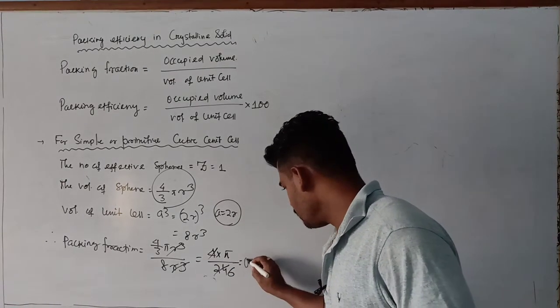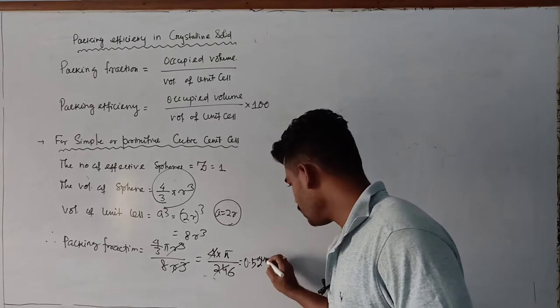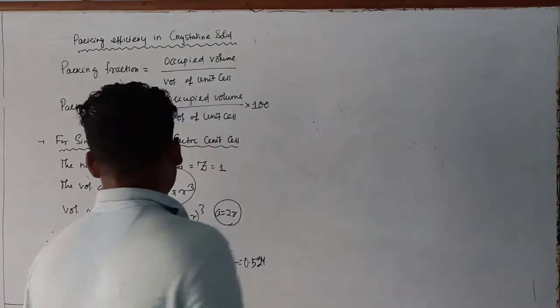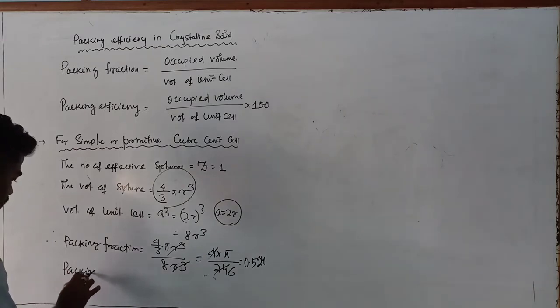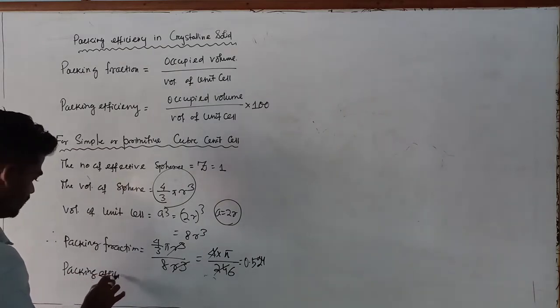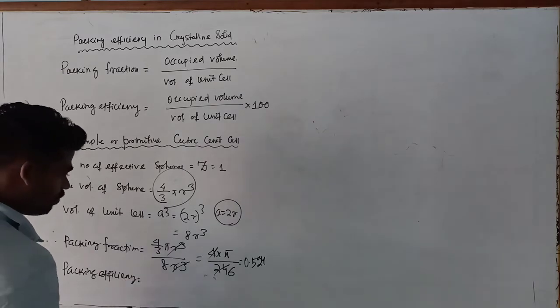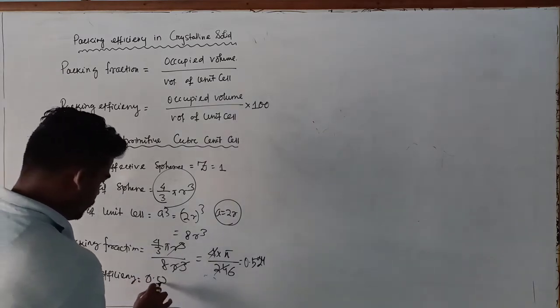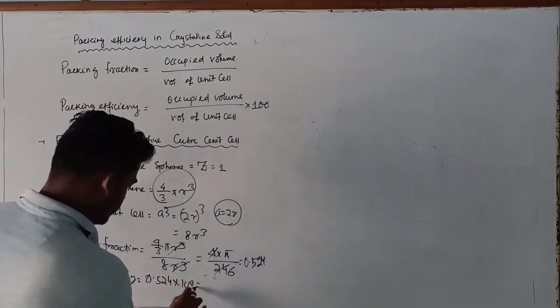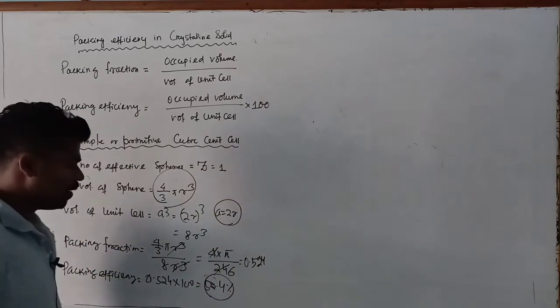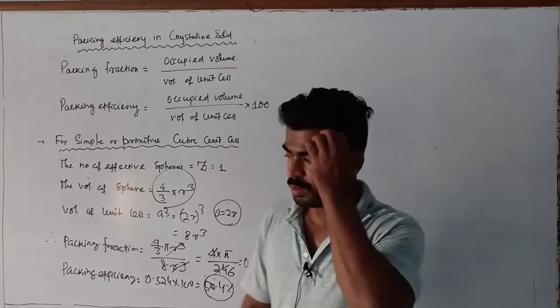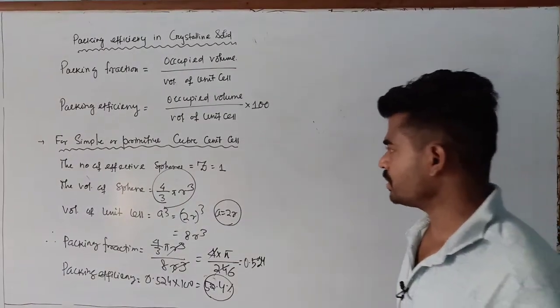Okay, so that will be 0.524. Right now if I need to calculate its packing efficiency, so packing efficiency will be equal to 0.524 into 100, that will be 52.4%. So this is its packing efficiency, actually the volume occupied by the sphere in case of a simple cubic.